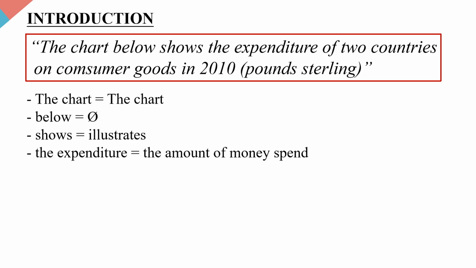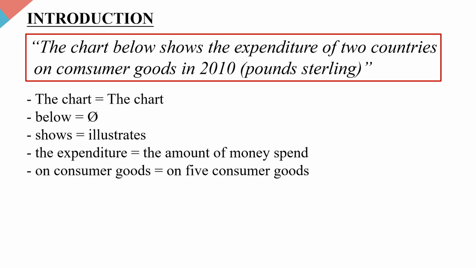So we paraphrase this first. On the consumer goods we can use on 5, putting the word 5 between on and consumer. It makes it clearer. If you want it even clearer, we can use a colon and list the 5 items: cars, computers, books, perfume, cameras.